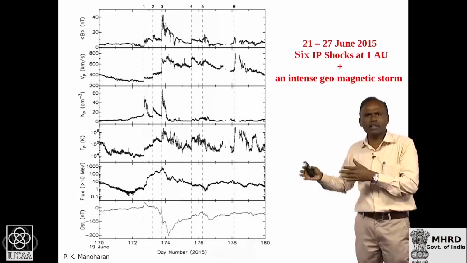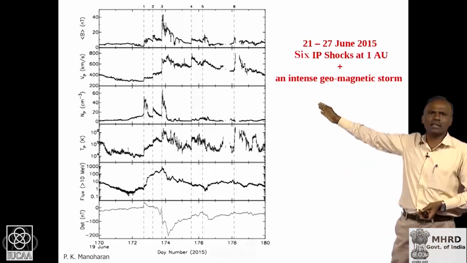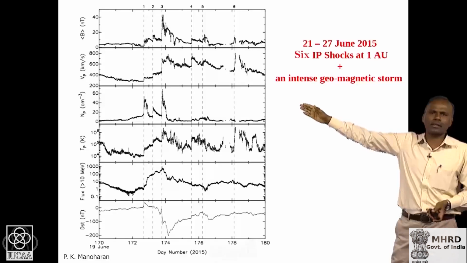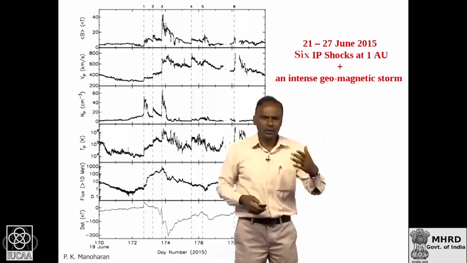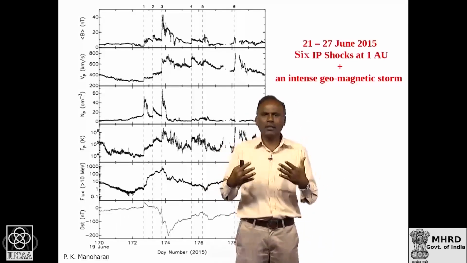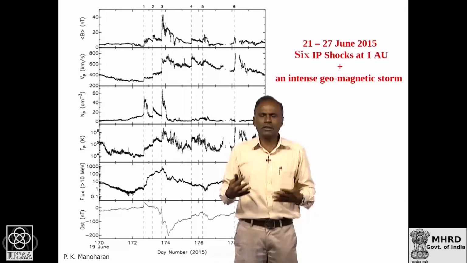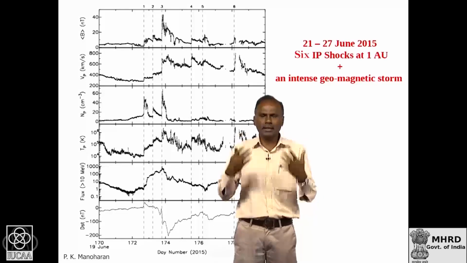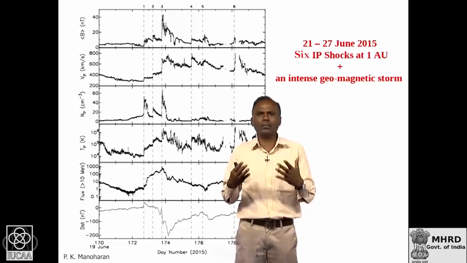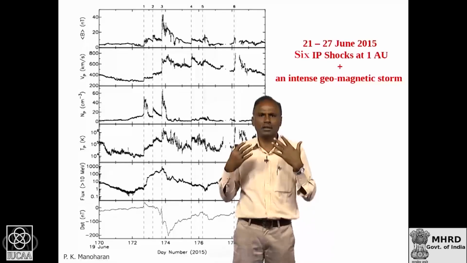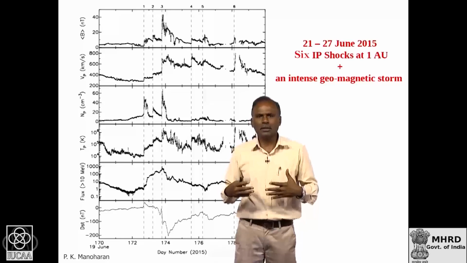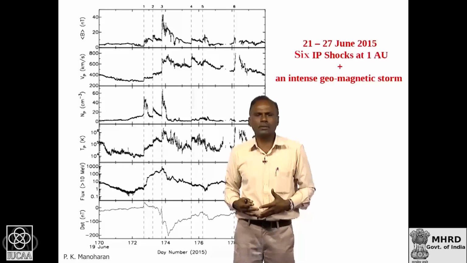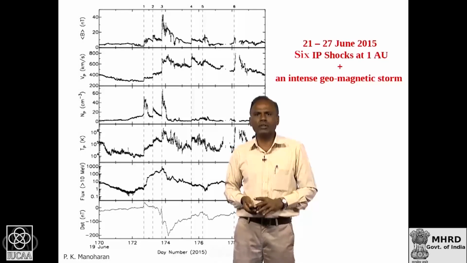So in this plot you can see something like 6 interplanetary shocks arriving in the near Earth space actually. So at 1 AU the observation of solar wind indicates several important properties like arrival of the shock, arrival of the CME, and also in association with the arrival of the CME, how the geomagnetic storm is produced and things like that.